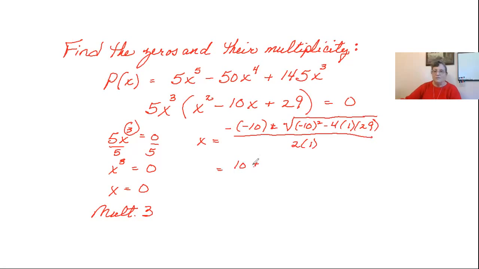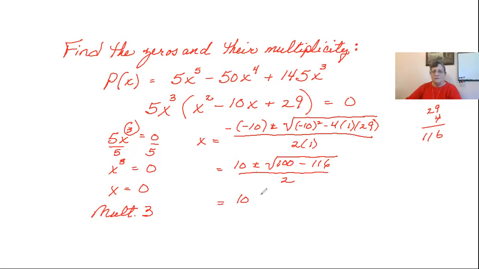So we get 10 plus or minus the square root of 100 minus 4 times 29, 36, carry the 3, 116. Oh, it not only doesn't factor, it doesn't even have real numbers.